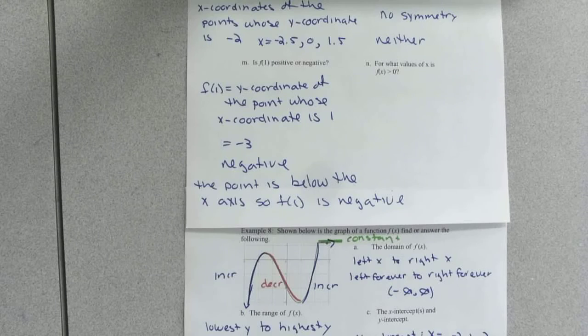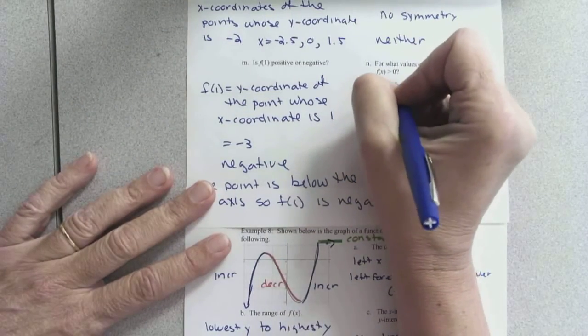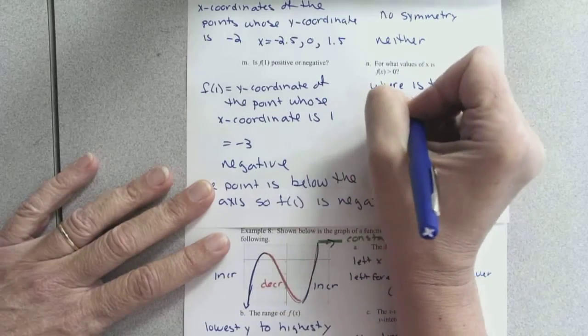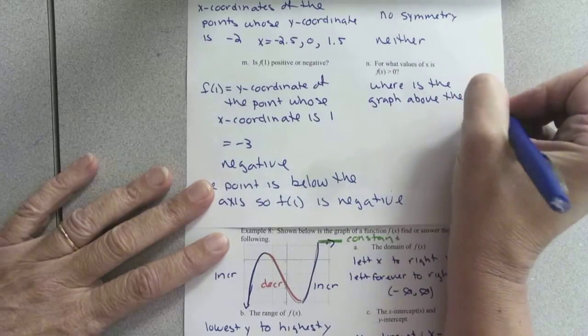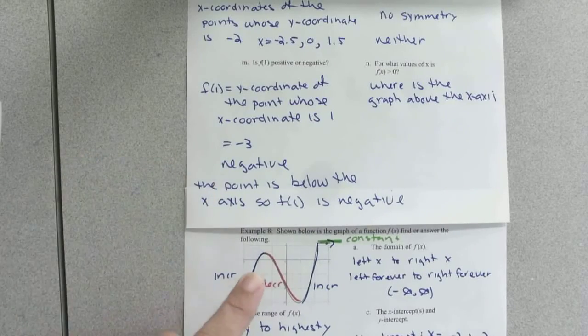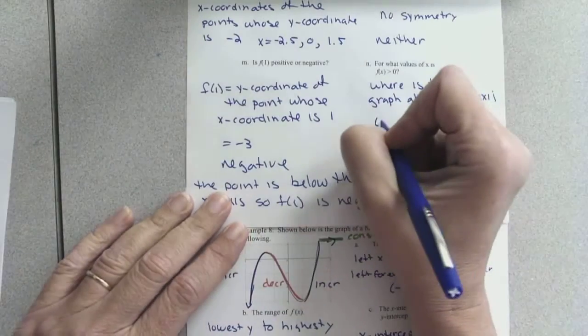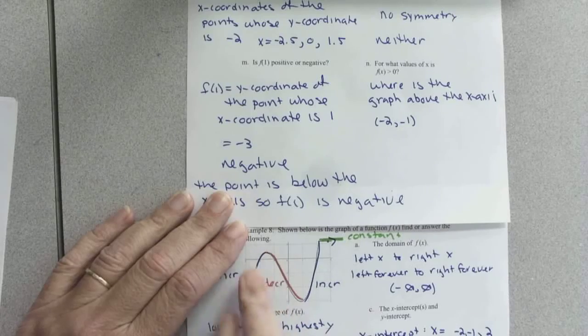Then the last thing we got here, for what values of x is f of x greater than 0? And that's the same thing as saying, where is the graph above the x-axis? Negative below the x-axis, above positive. So right here, it looks like it's above the x-axis from -2 to -1, from here to here.